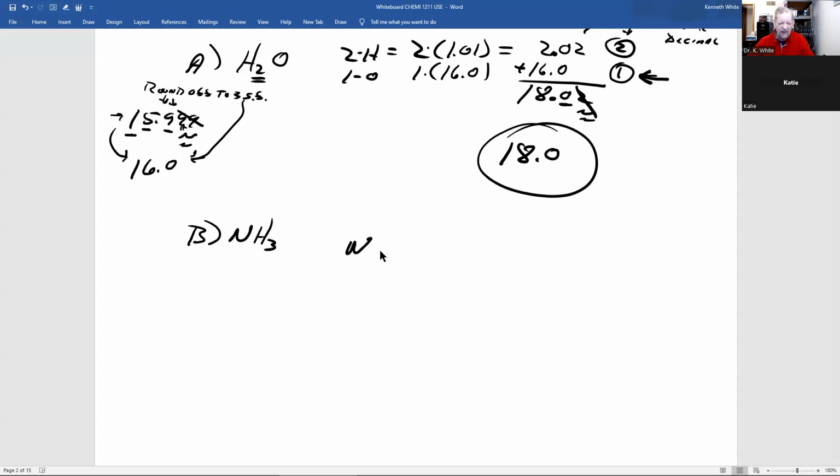Ammonia has 1 nitrogen and 3 hydrogens, which means 1 times the atomic weight of nitrogen, 3 times hydrogen. Well, we've already done that up there. We rounded 1.008 to 1.01. Well, what about nitrogen? What's the atomic weight of nitrogen?